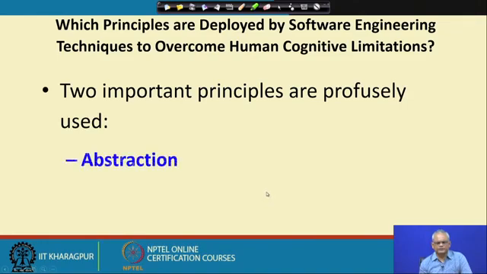These two important principles are used in almost every technique that we discuss in our lectures. One is called abstraction and the other is called decomposition. Let us understand what exactly abstraction is and what decomposition is. These are two independent techniques. How do these reduce the complexity of a problem? Later, when we use these techniques in various software engineering tools and techniques, it will become clear to us whether we are using abstraction or decomposition.